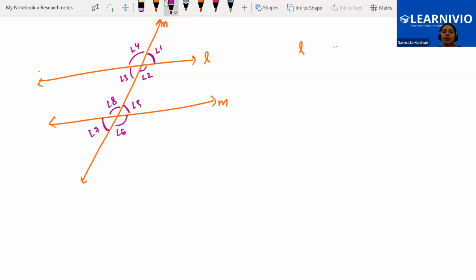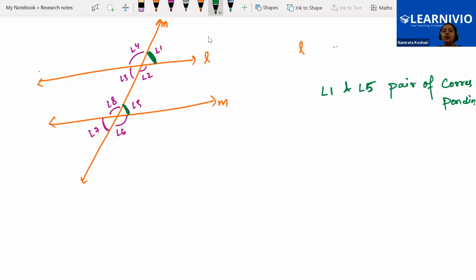So for now I'm going to say that angle 1 and angle 5 are called corresponding angles. 1 and 5 are a pair of corresponding angles. What is the meaning of corresponding angle? Both the angles are at the same place.